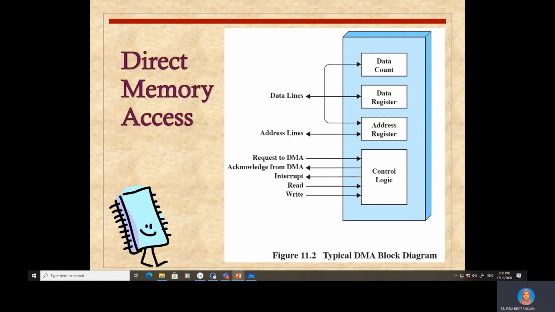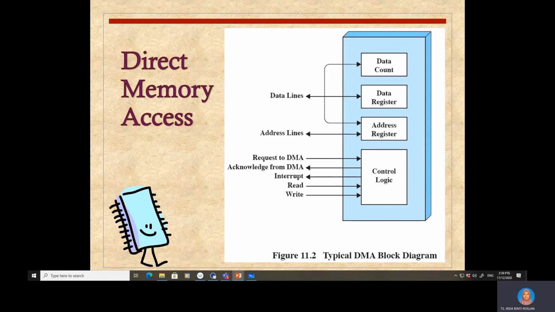You can see here request to DMA, acknowledge from DMA, interrupt, read and write happening inside the control logic. Basically, this DMA unit is capable of mimicking the processor and indeed of taking over control of the system bus, just like a processor. It needs to do this to transfer data to and from memory over the system bus.